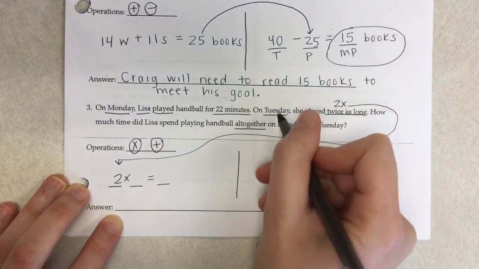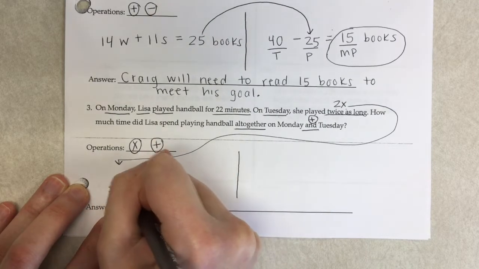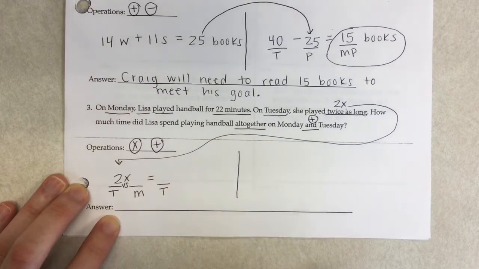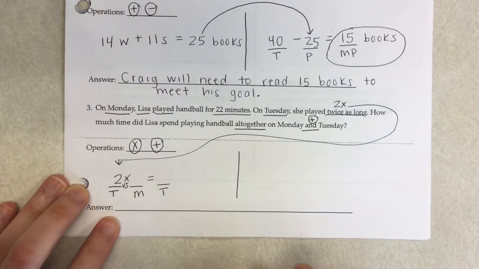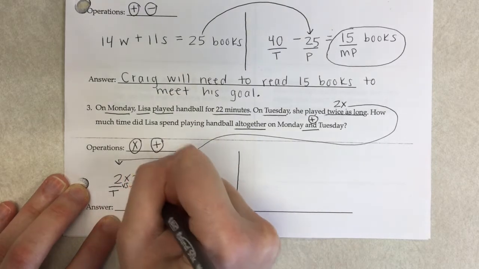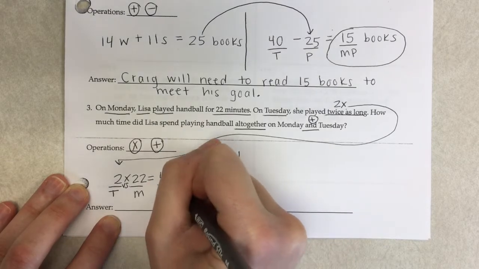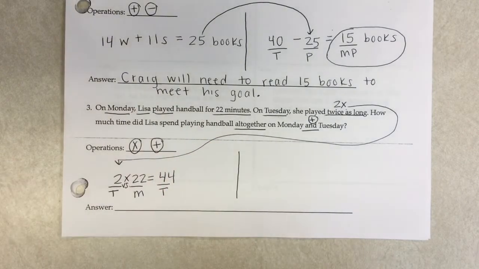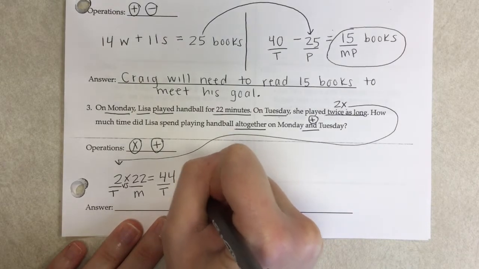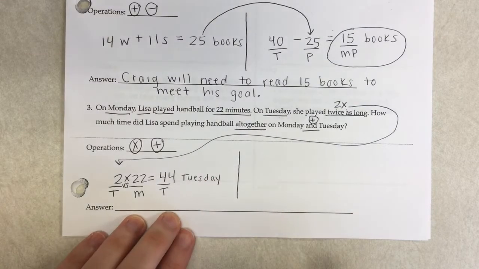That 2 times number belongs to Tuesday, and that will get me my real number for Tuesday. So I have the number for Monday, that's 22 minutes. I'll put that in there. 2 times 22 is going to equal 44. That's how many minutes she played on Tuesday. So I'm going to label that Tuesday so I can keep track.